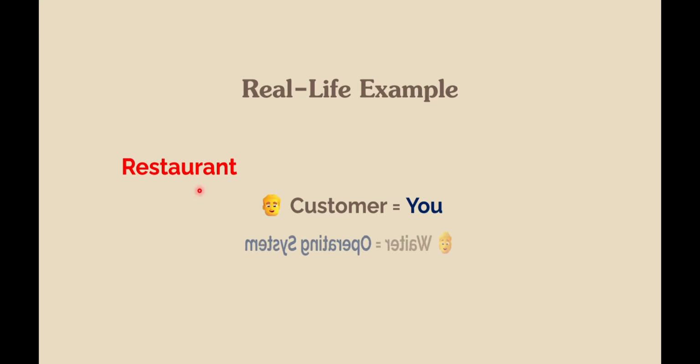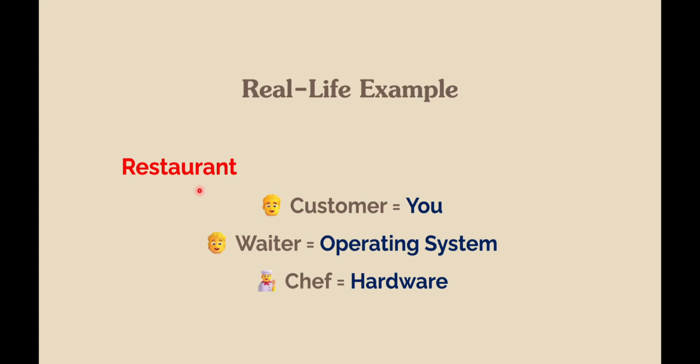In a computer, you are the customer, the hardware is the chef, and the operating system is the waiter who manages everything. So, here is something amazing. While you are watching this video, your operating system is quietly managing hundreds of tasks in the background, and you don't even notice it.